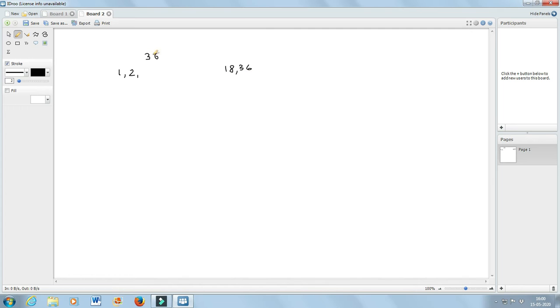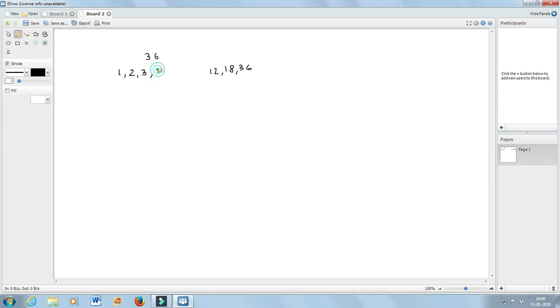Next, I find that 3 also divides 36 without a remainder. So 3 is a factor, and if I divide 36 by 3, I get 12. So 12 is another factor of 36.